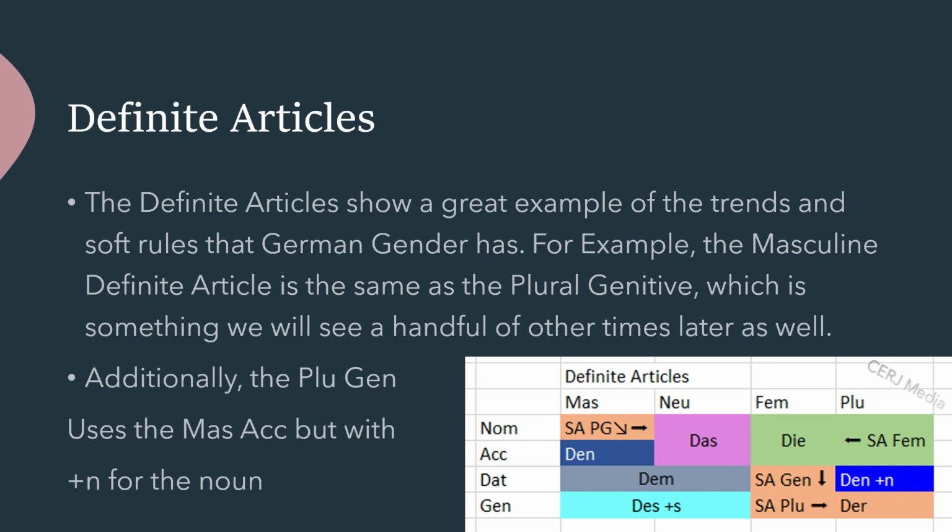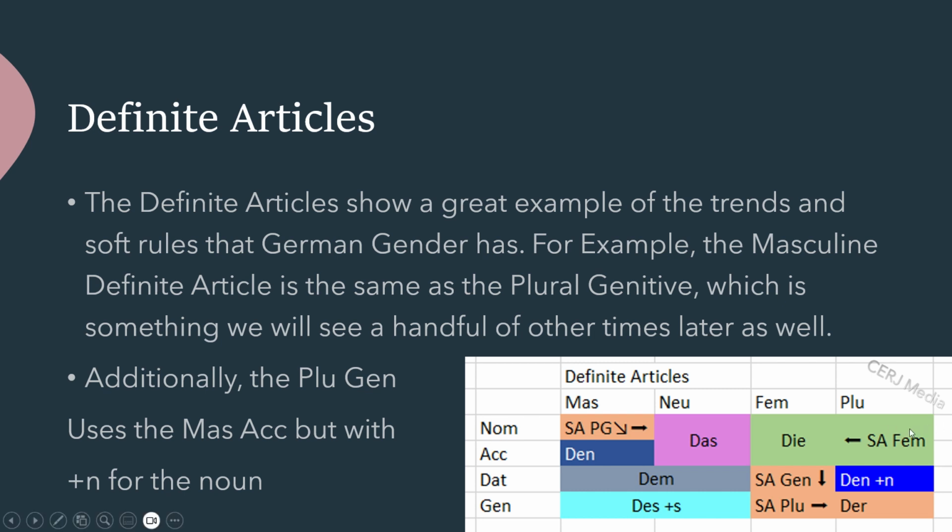I actually think that the masculine nominative in this case is simply copying the plural genitive, and we'll see why later. But I'm going to take that hard stance that the masculine nominative is not consistent in this regard, and it is simply taking it from the plural genitive, which is also der. So this is probably something you've never really thought about, but I'll explain why when we show all of the different examples together.